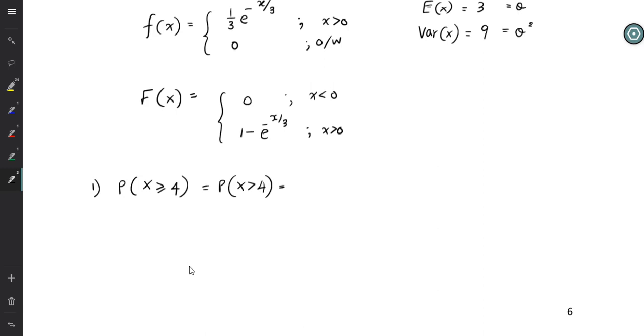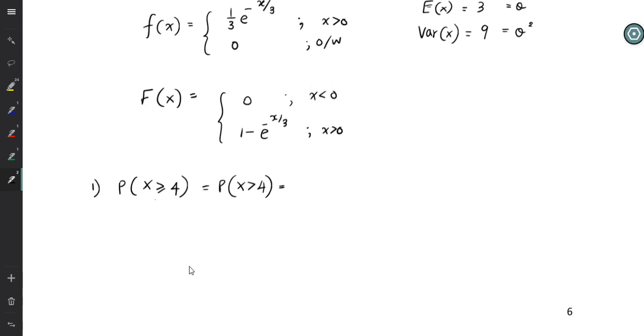For the discrete case, these two are not the same, because for the discrete case you can find a point probability. For example, with the binomial distribution, you can find the probability that x equals 3, and it has a probability value. But when it comes to the continuous case, because it's a smooth function, you cannot integrate a point. If you integrate a point, you'll end up with 0.